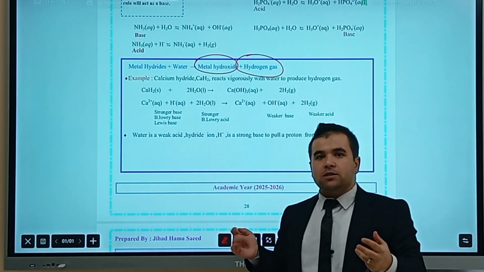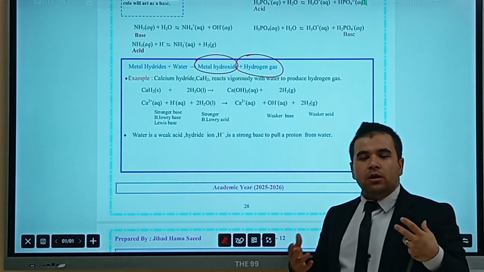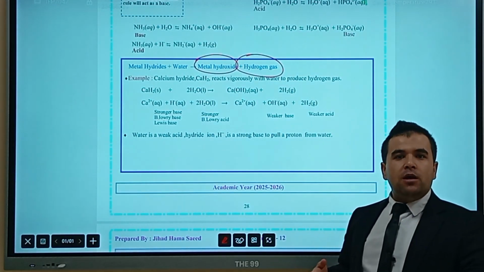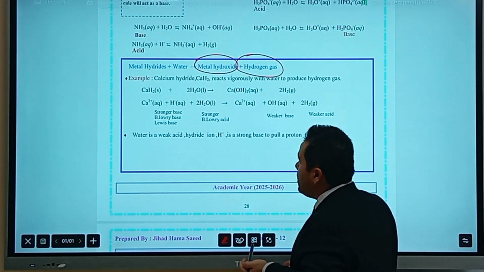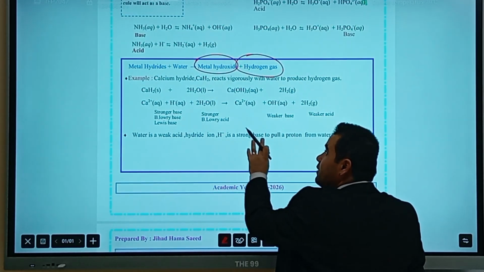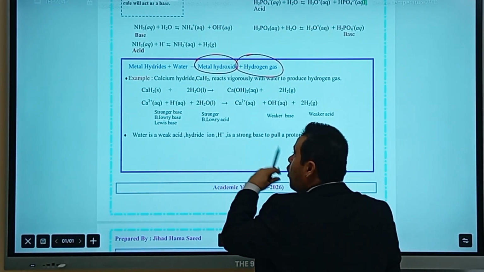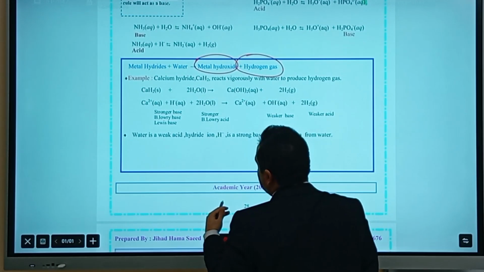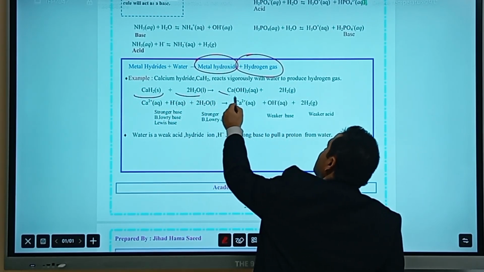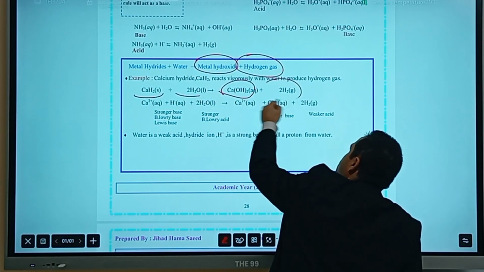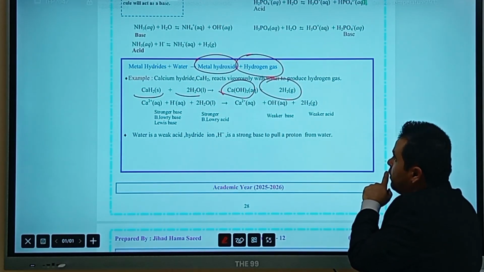Instead of calcium, it can be magnesium, lithium, cesium, barium, and many others. If you know one, this can be applied for all the metal hydrides. When calcium hydride reacts with H2O, calcium hydroxide forms with hydrogen gas. This is the general form.